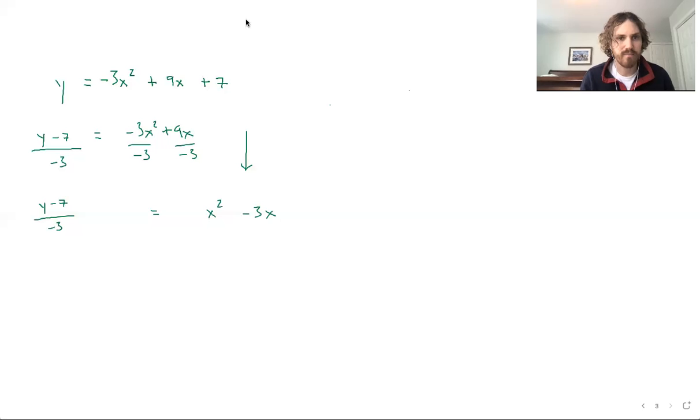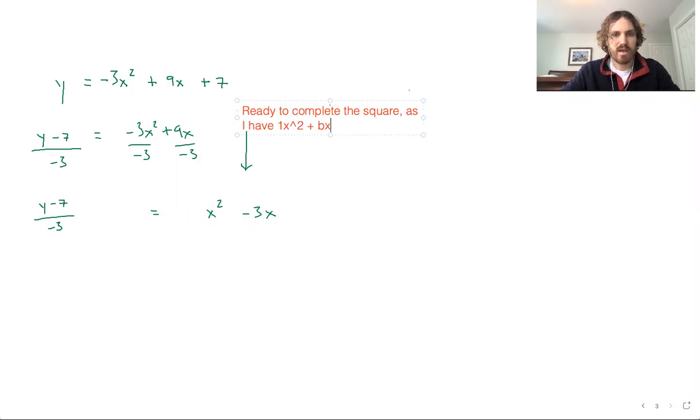Now I am ready to complete the square as I have 1x squared plus bx, right? That is how you know you're ready to complete the square, when your leading coefficient is 1 and then you have some bx.